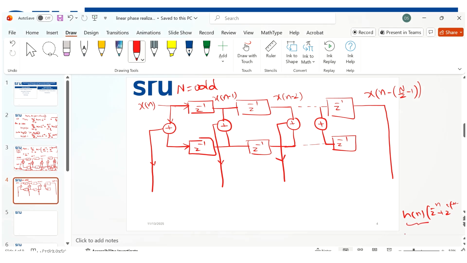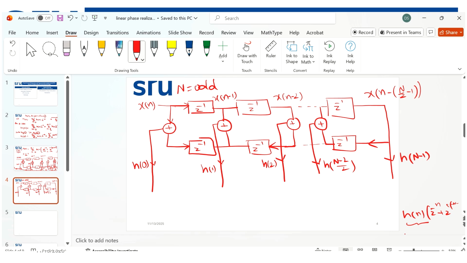This coefficient I am giving here with the adder, multiplied by h of 0, the first coefficient. Again h of 1 the second coefficient, h of 2 the third coefficient, and so on. The last value is h of N minus 1, and the last but one value is h of (N minus 2) by 2. And here we have one more value, that is h of N minus 1.